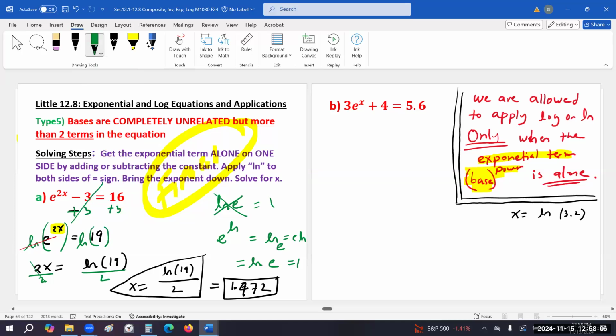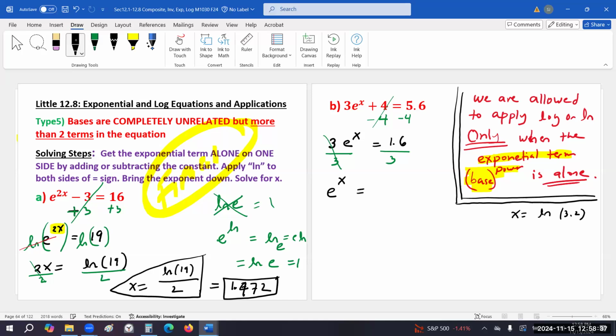So add 4? No. Not add. 4 is already added here. Subtract, right? We subtract 4. So you get 3 e to the x is 1.6. What? We divide by 3.